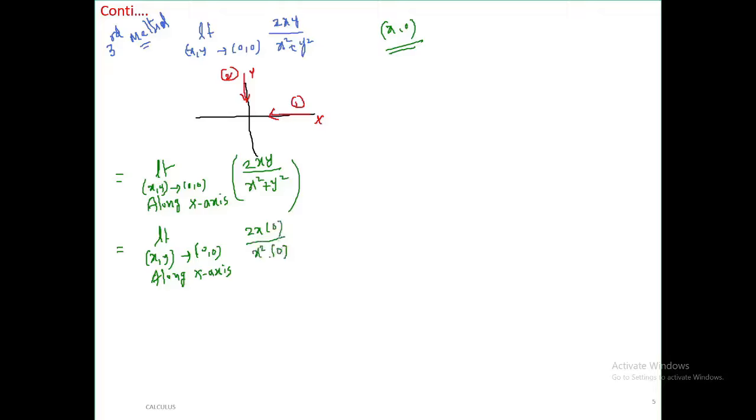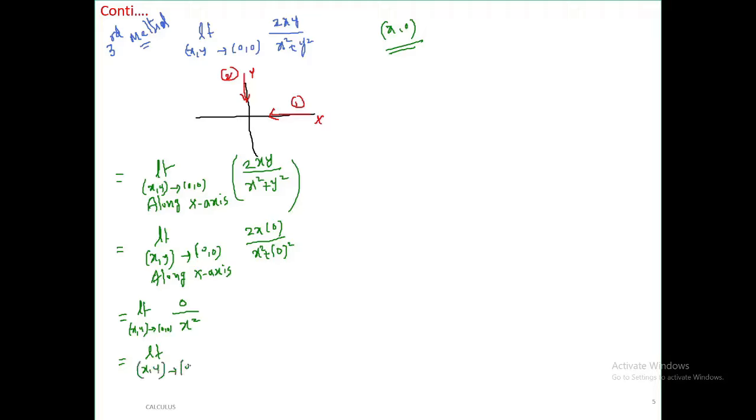Now what is this? This is along x-axis, right? Yes or no? So therefore numerator is 0, denominator is x square plus y square. Numerator is 2x into 0, 0. Denominator is just x square. Okay. And this is limit x comma y reaching to origin 0 comma 0.